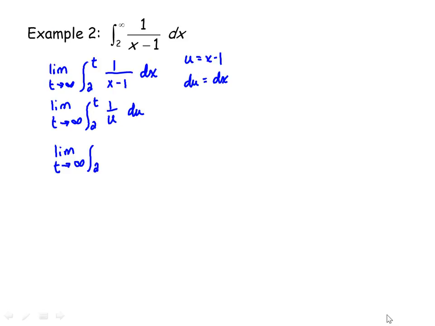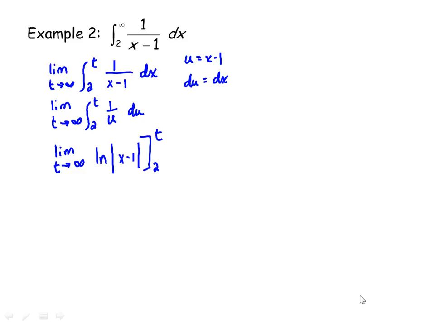All right, so we're going to have the limit as t goes to infinity of the integral from 2. Let's actually go ahead and apply the integral. The antiderivative of 1 over u is the natural log of u. Are you going to be okay if I put u back in? X minus 1. And we're going to go from 2 to t. Again, the antiderivative of 1 over u is the natural log of u.